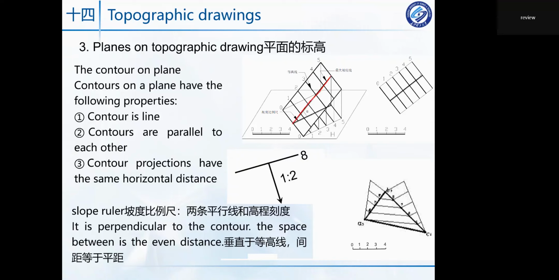This line slope means the slope of the plane.